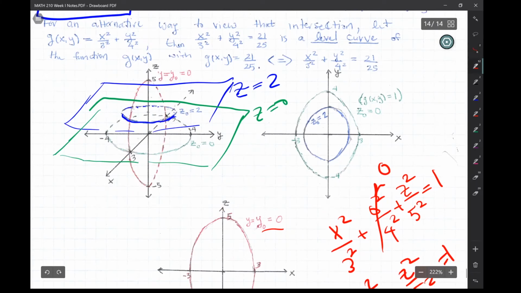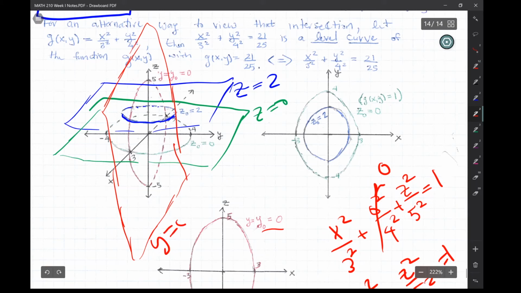That's what you would get if you intersected the y equals 0 plane with our shape, and you end up getting this red ellipse that's on the xz plane.